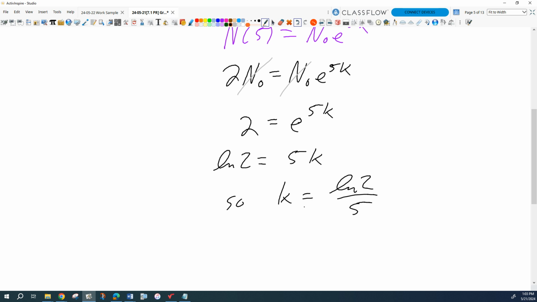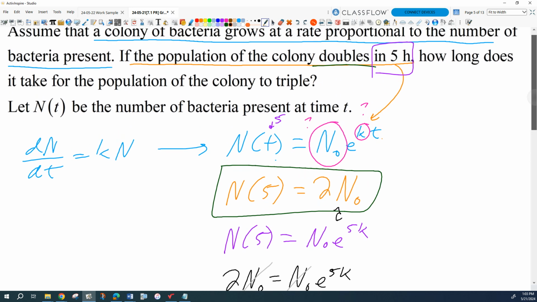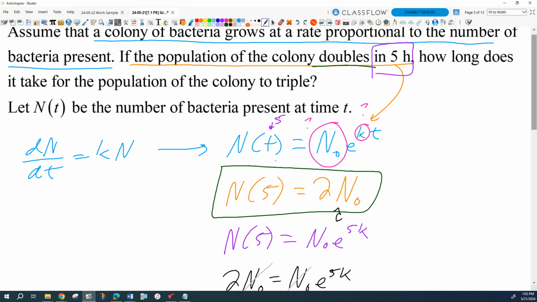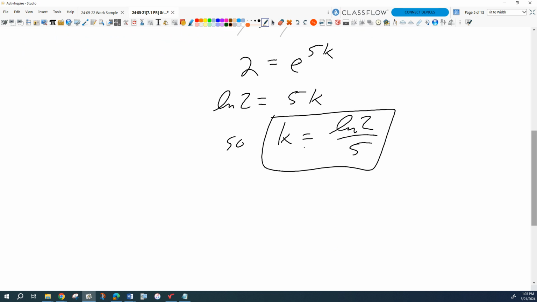Now that I know what k is, we can plug that back in and use it to solve for how long it takes the population of the colony to triple. What that tells us is that N of t equals N naught e to the kt, so I get e to the (log 2 over 5) times t.